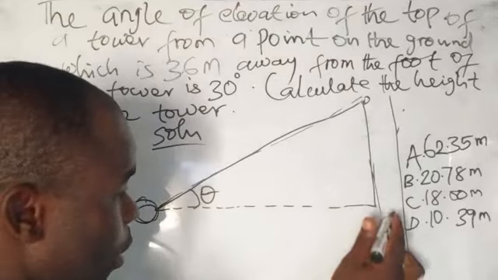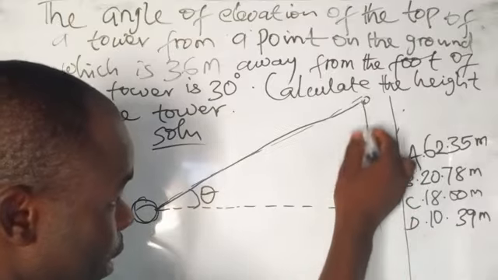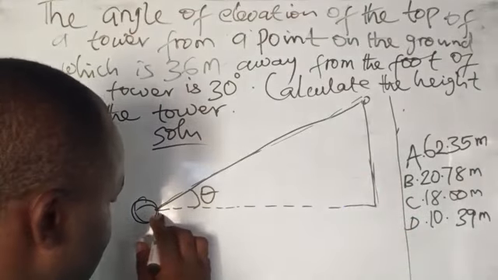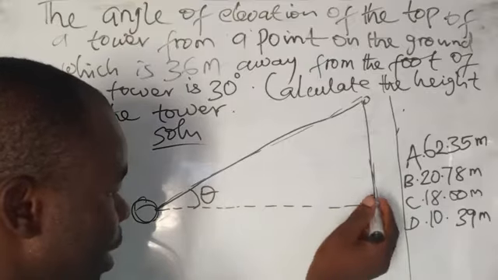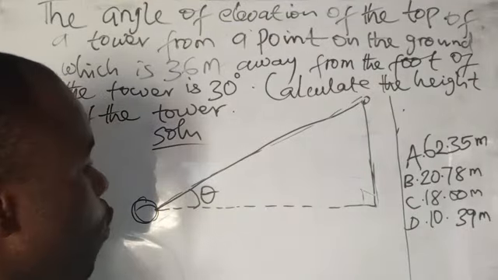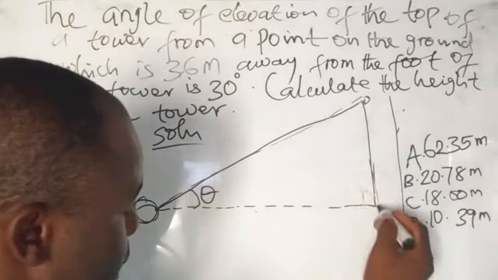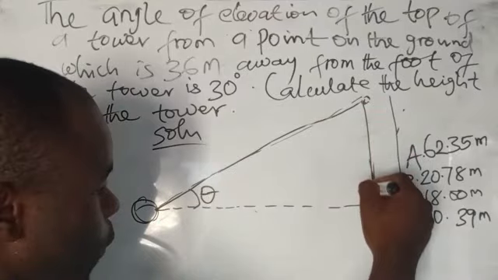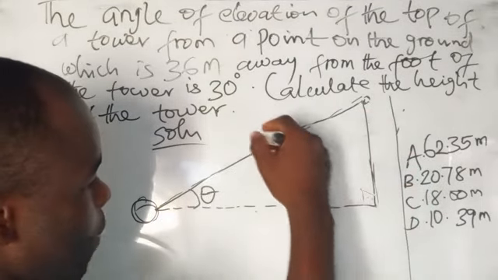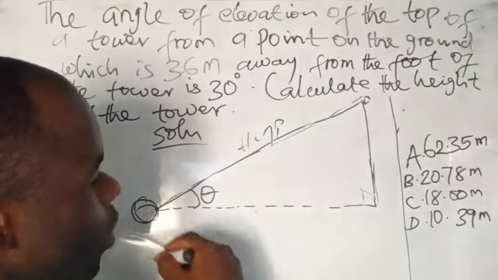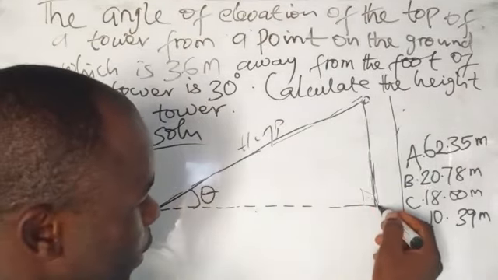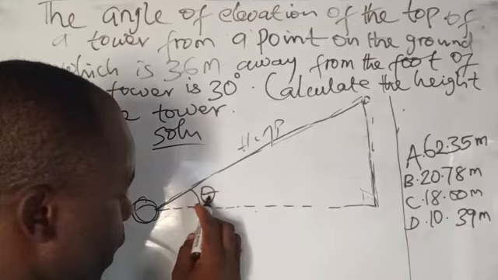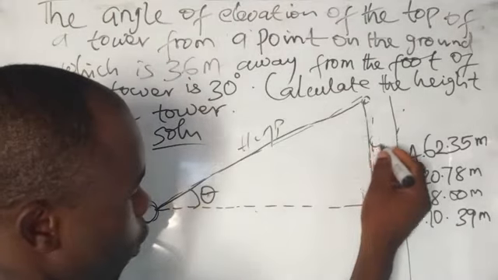Because this vertical line has cut this horizontal line perpendicularly, the right angle is formed where this line and this meet. And this longest line that always faces the right angle becomes the hypotenuse, while this vertical line, which is facing this angle here, becomes the opposite.